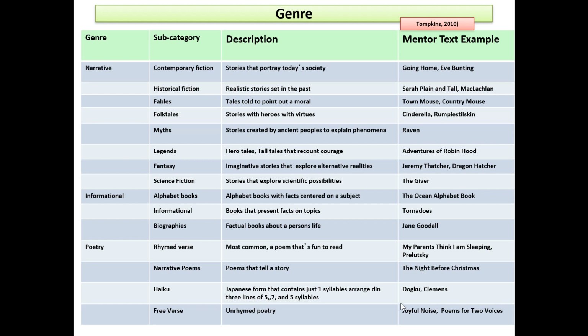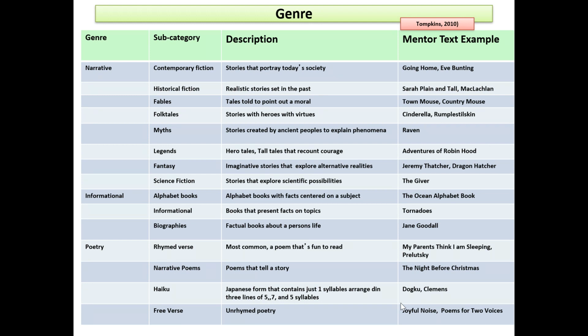Narratives are stories, and they're usually fictional. Informational texts are just that, informational texts that teach or tell us how to do something. And then poetry, of course, is a very specific way of writing, generally rhymed, but can be unrhymed, like in free verse. There can be poems that are written as stories.